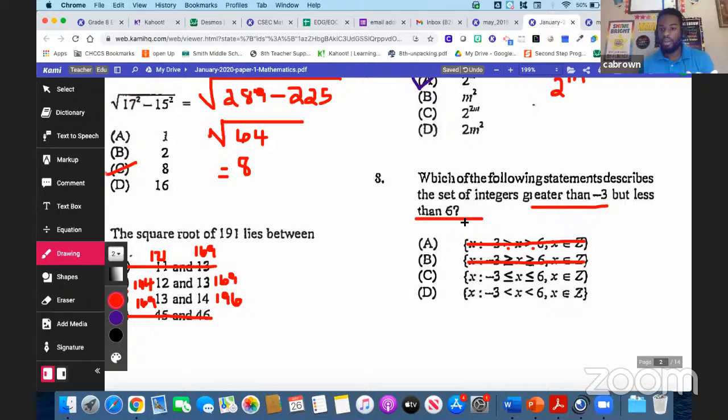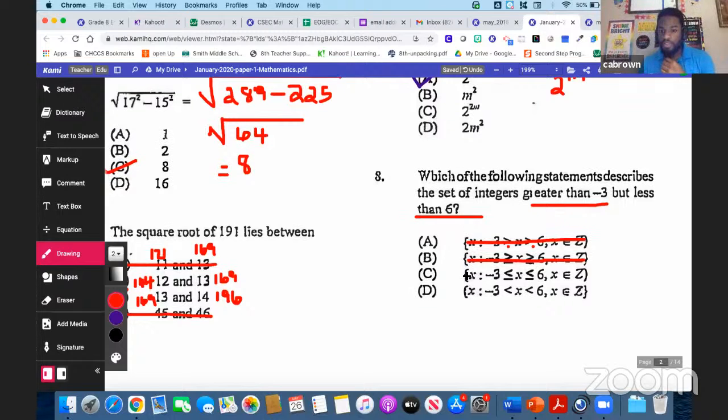So our answer is between C and D. C says x is greater than or equal to -3, or x is less than or equal to 6. This will also go because it has greater than or equal to and less than or equal to, but the question says greater than and less than. So C is also out. So our answer here is D. What D is saying is that x is greater than -3, x is also less than 6, and it is an integer.